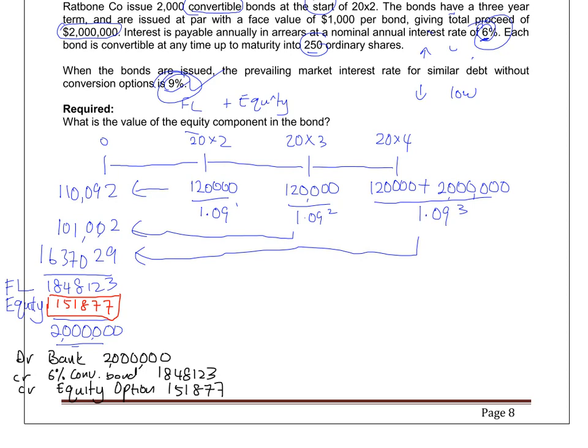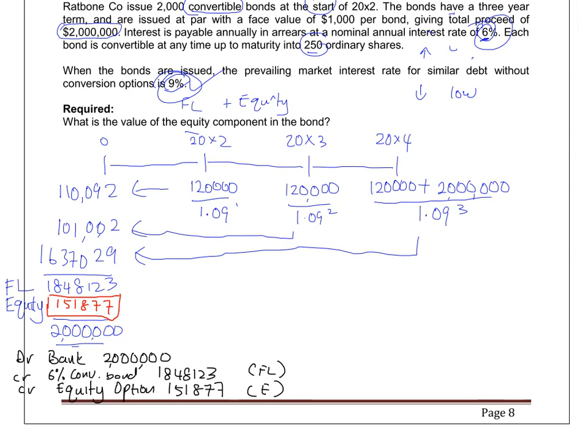Since we have 3 years, let's continue the 2 years. Effective 9%. No space.